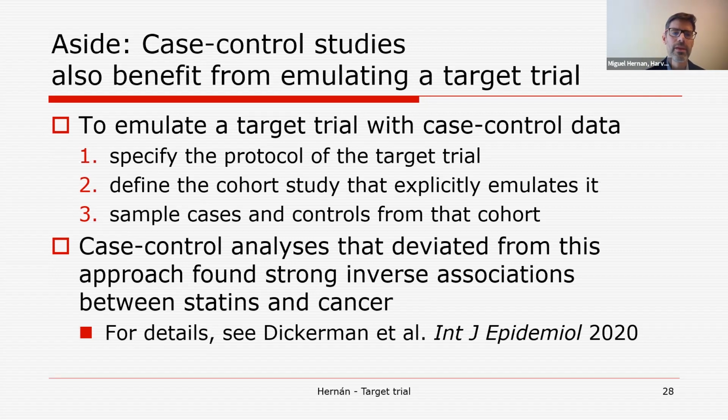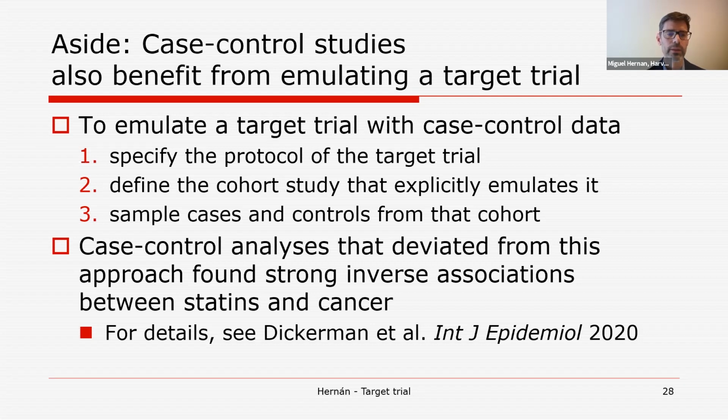And there is one that was published in the New England Journal of Medicine that found also an incredibly strong inverse association between statins and cancer. We were looking at that in more detail, and you have the reference there, and you can see why that case control study was finding that association.